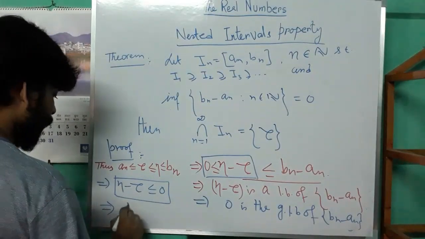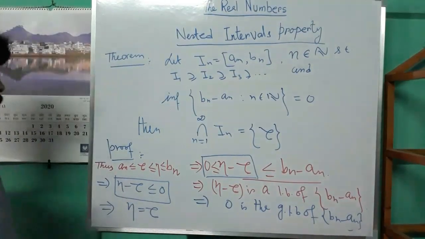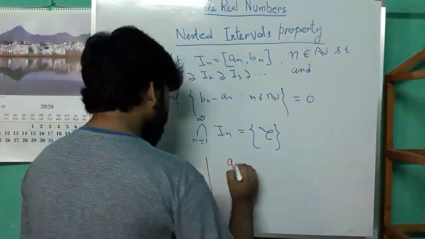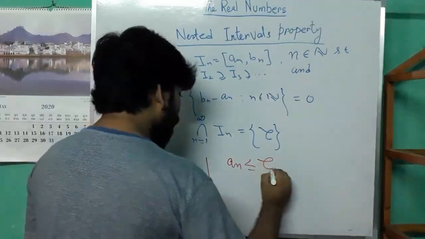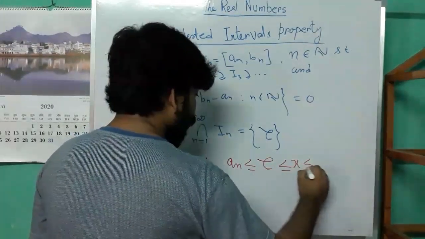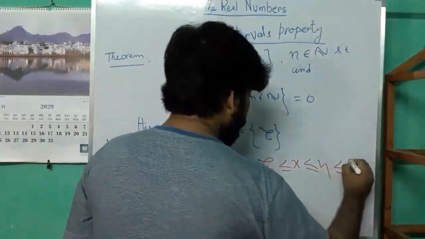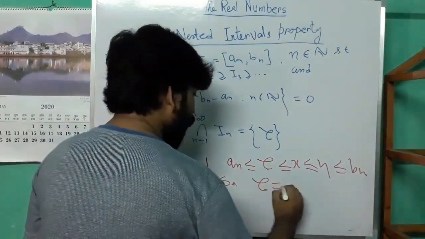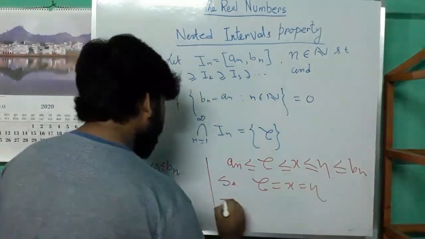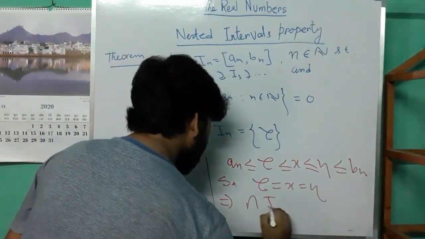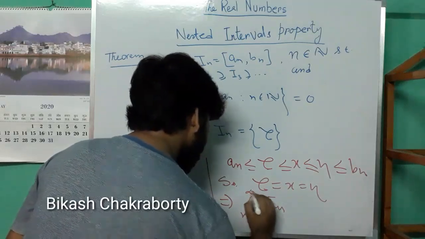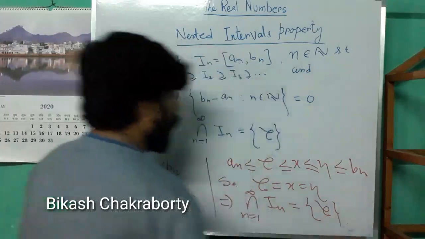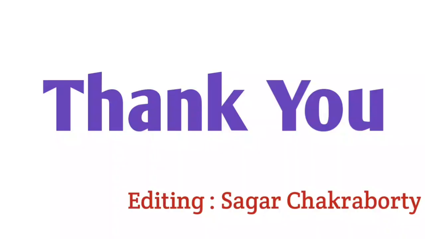That implies eta equal to zeta. As we have seen that an less or equal to zeta less or equal to x less or equal to eta less or equal to bn, so zeta equal to x equal to eta, that is that intersection contains exactly one element, it is zeta. And this completes the proof. Thank you.